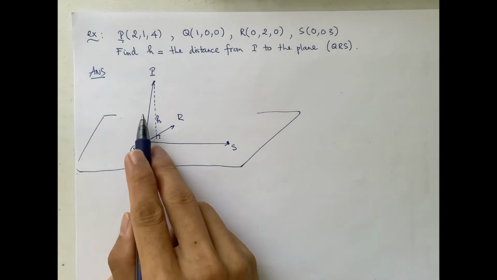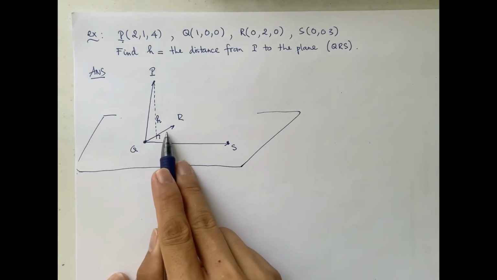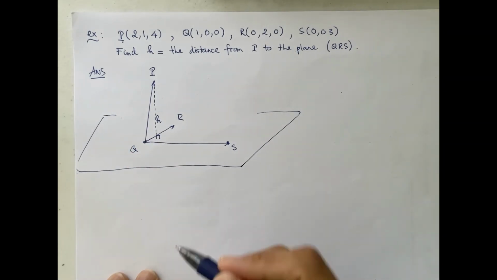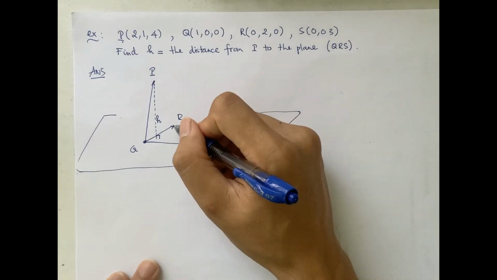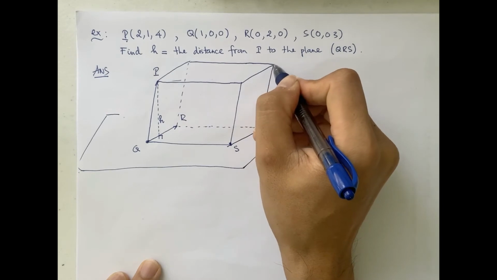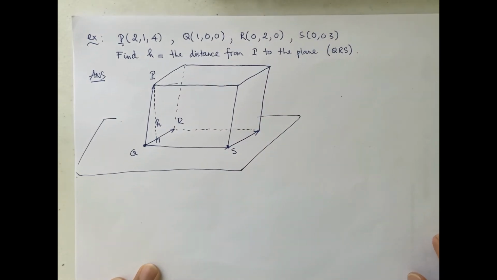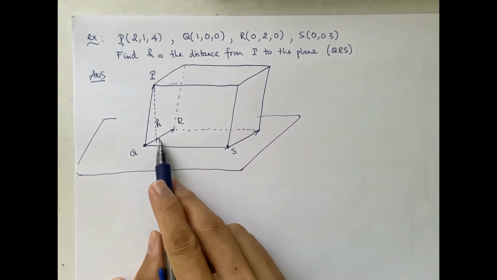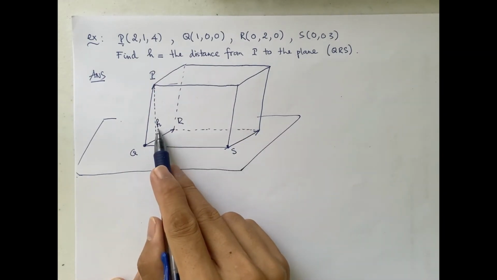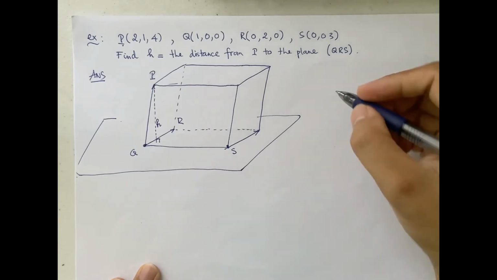Now they will serve as vector A, vector B, and vector C in the theory. So you can imagine that they will form a parallelepiped. Alright, so the distance from P to the plane is in fact the height of the parallelepiped.